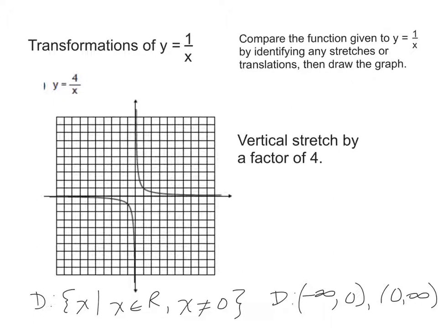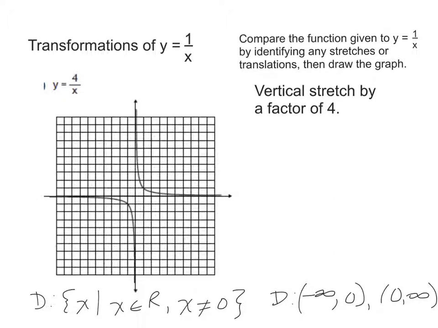Because it's a vertical stretch, we may want to think about, is this really in transformational form, y equals 4 over x? Not exactly. But that's the same as y equals 4 times 1 over x. And then it's easier to see that that is a vertical stretch by a factor of 4 because it's outside of the 1 over x function.